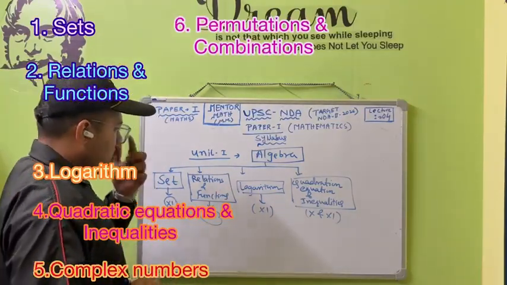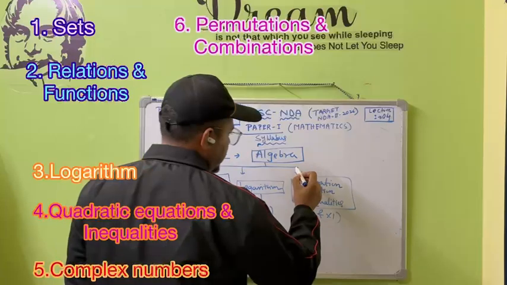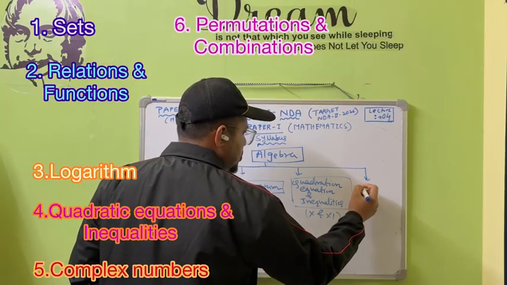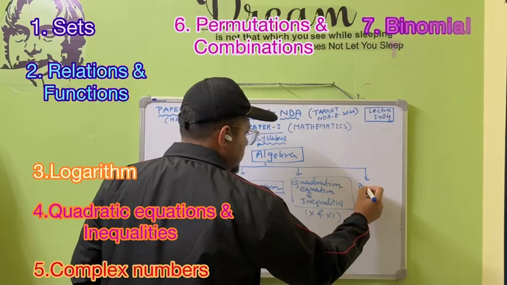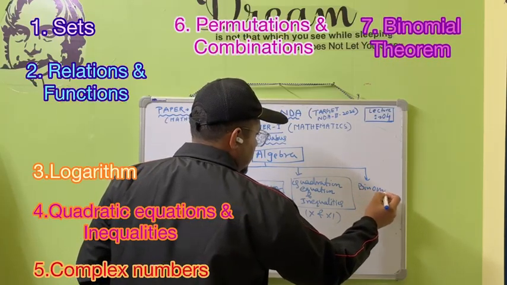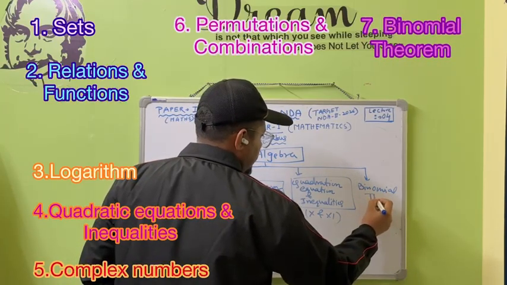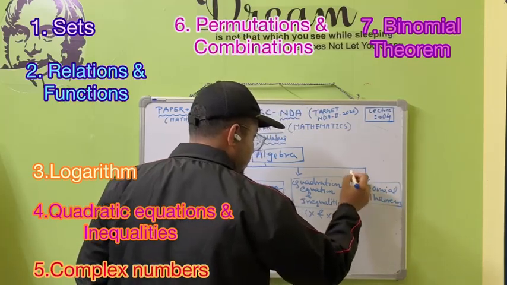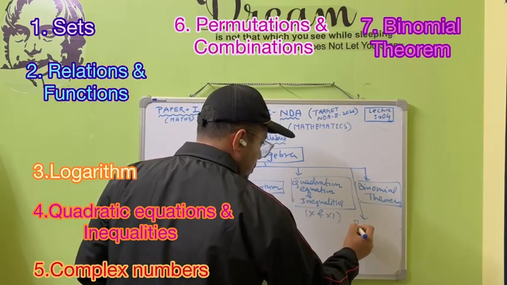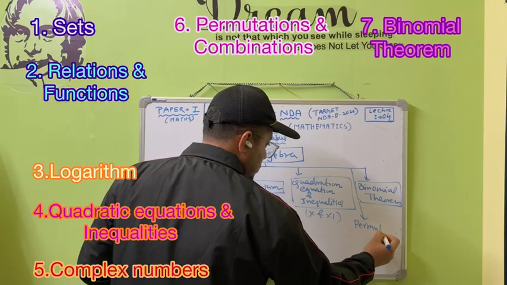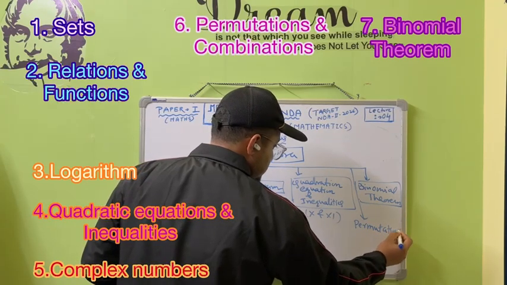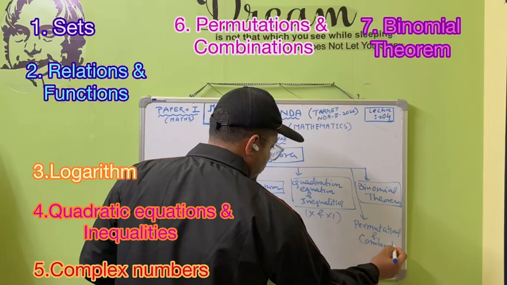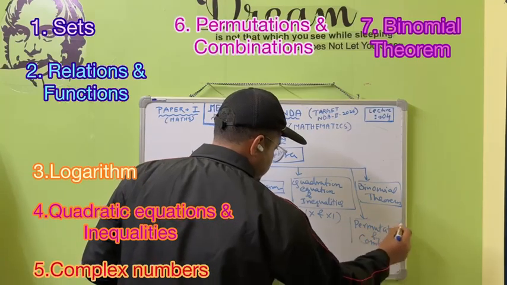Now comes binomial, or permutation and combination. Before binomial theorem, you have to study permutations and combinations, PNC.